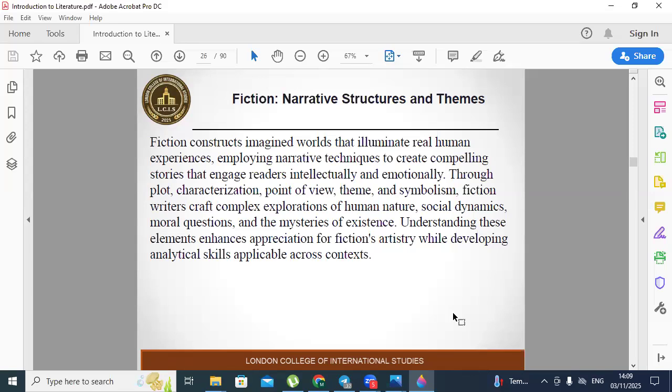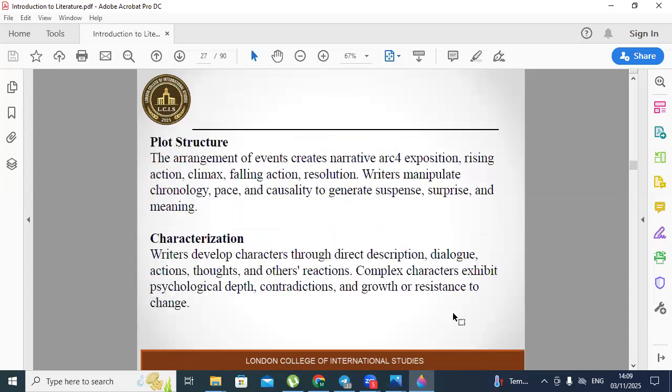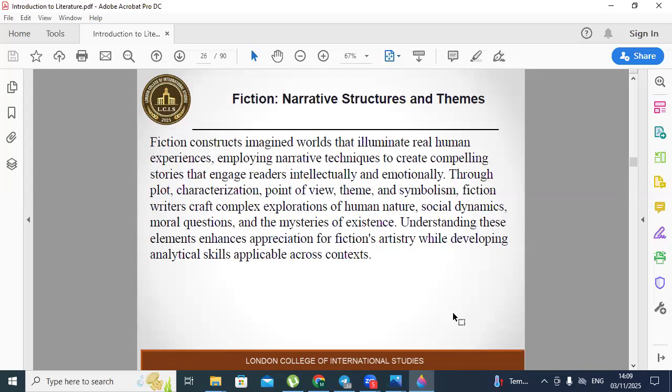Fiction's core elements: plot and characterization. Fiction constructs imagined worlds that illuminate real human experiences, employing narrative techniques to create compelling stories that engage readers intellectually and emotionally.